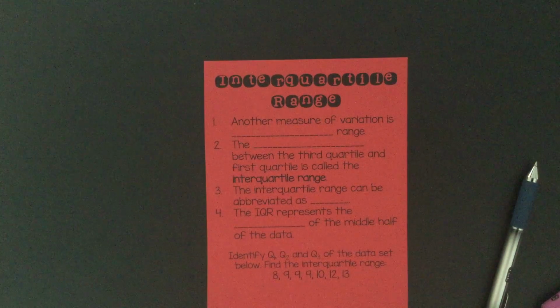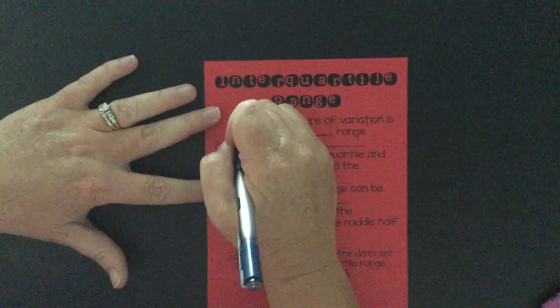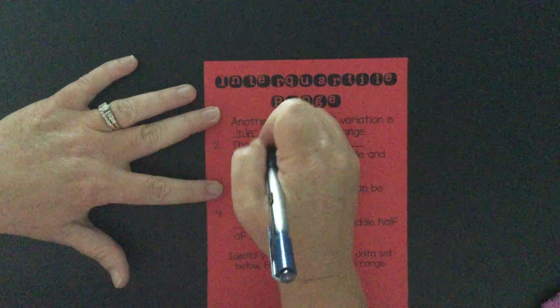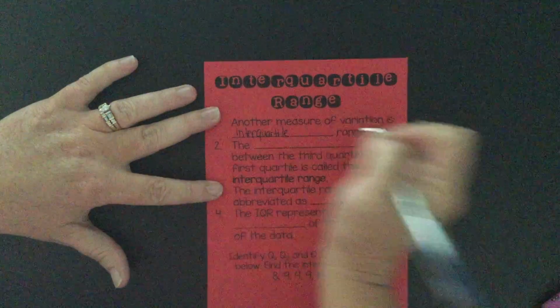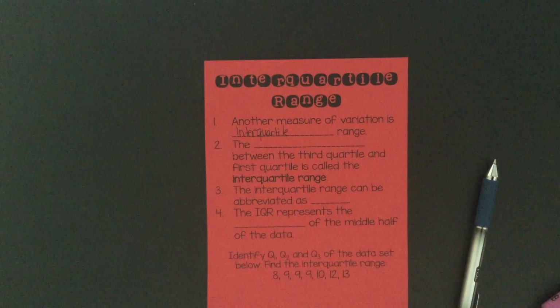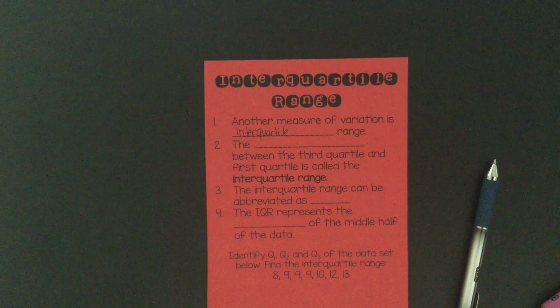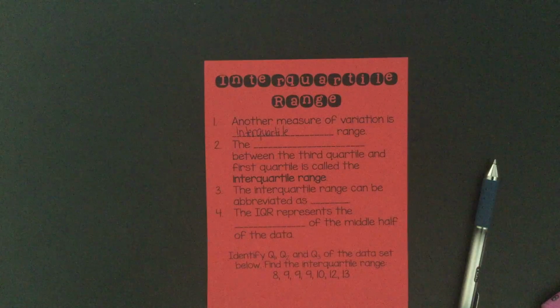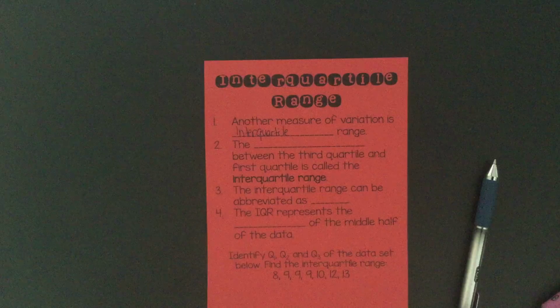So another measure of variation is called the interquartile range. So we already know what range is. We talked about range last week or earlier this week, and range is when we take the set of data, we subtract the smallest one from the largest one, correct?